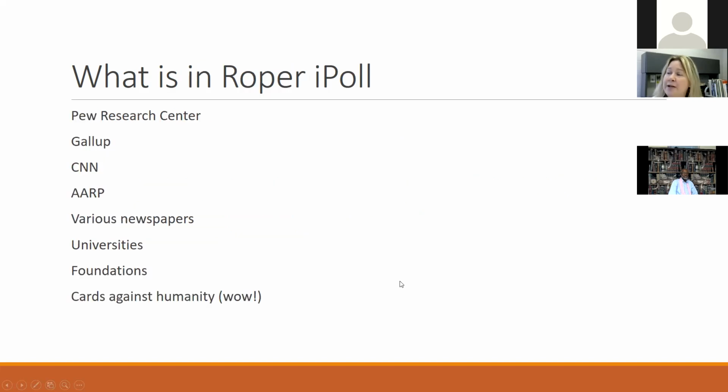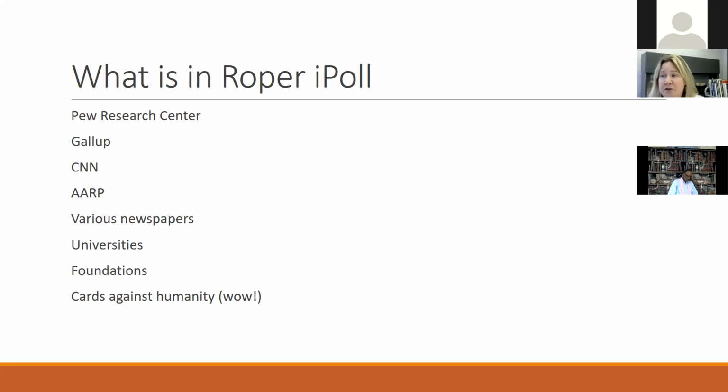Okay, so that was what is Roper iPoll, but what is in Roper iPoll? Here are some important polling points. One of the big reasons why we, as a university, pay for this subscription is it gives us the polling data from most of the Gallup poll and the Pew Research Center.